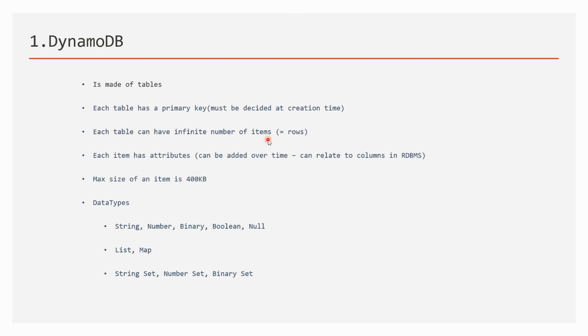We call them items in DynamoDB terms. And just like we have a column and the corresponding value, the item will have attributes. You can think of it as a map or a JSON object where there is a key and a corresponding value, and they can be added over time.